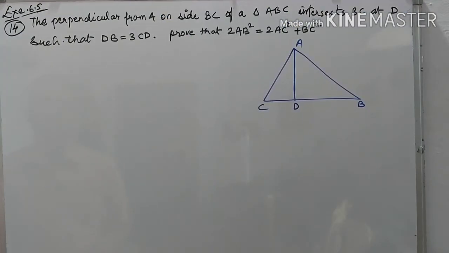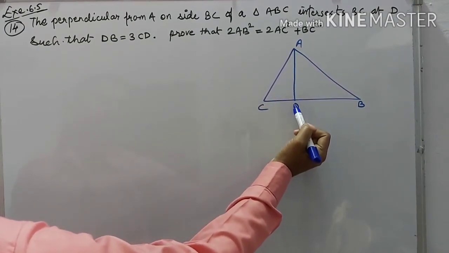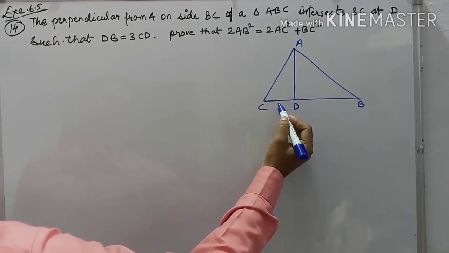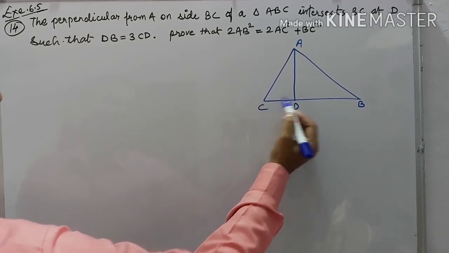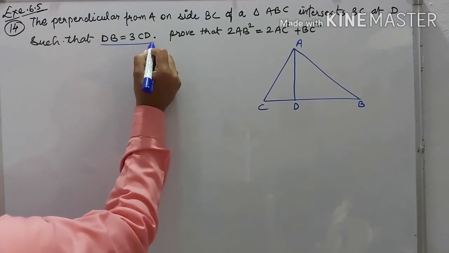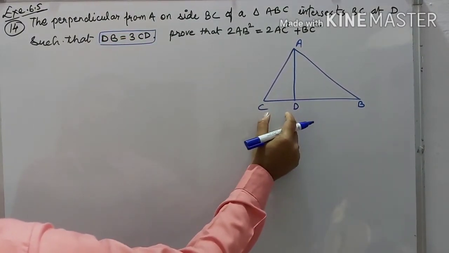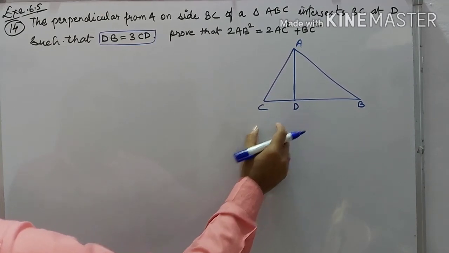Number 14. The perpendicular from point A to BC in triangle ABC intersects the BC line at the point D, such that it is given that the length of DB is 3 times CD.